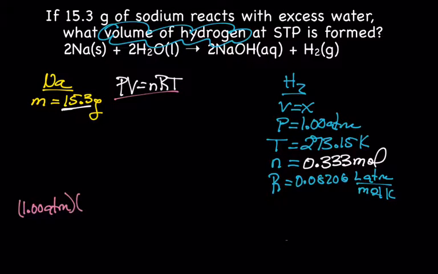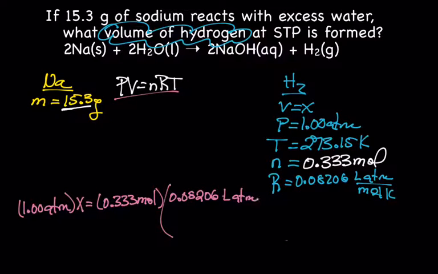Our volume is what we don't know. n is our number of moles, 0.333 mole, times the R, which is 0.08206 liter atm over mole K, and our temperature is 273.15 K.